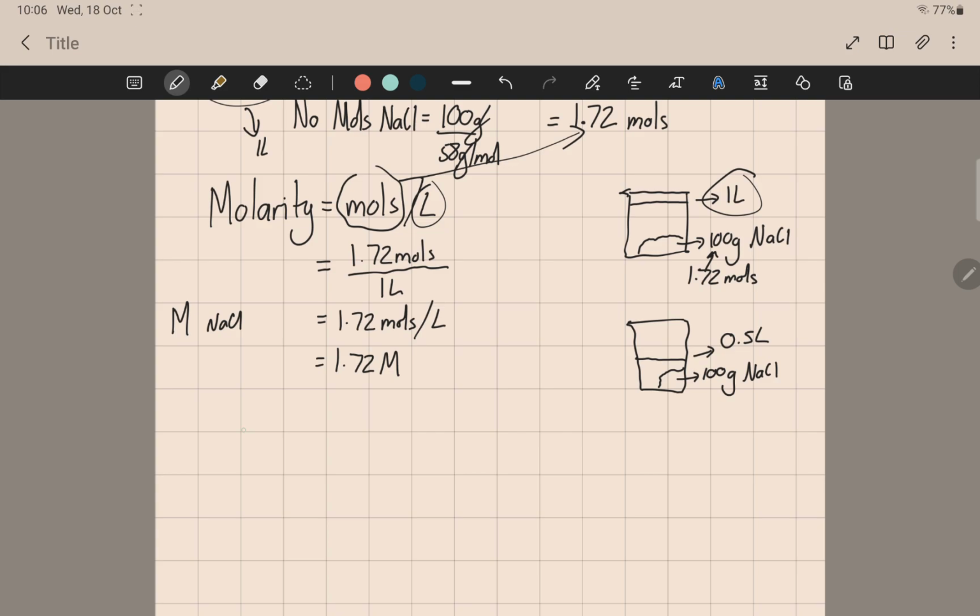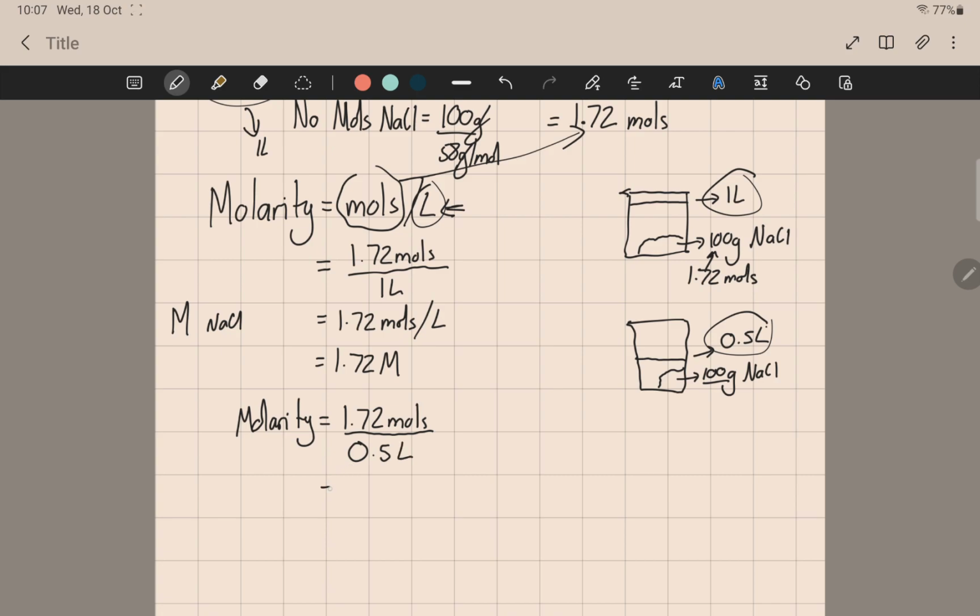Okay, so our molarity equals our number of moles, and that hasn't changed. We still have 100 grams of sodium chloride, so we still have 1.72 moles. But now our volume component here is only 0.5. So we divide by 0.5 liters, all right?